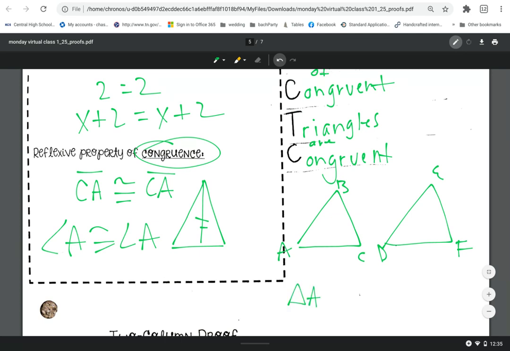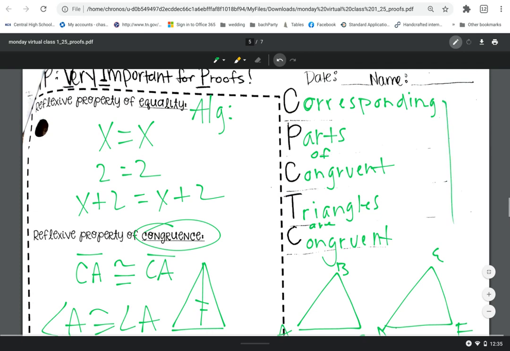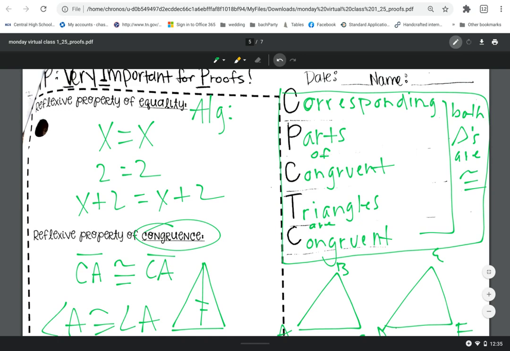So if I have triangle ABC is congruent to triangle DEF. Okay, we only know this when we already prove that the two triangles are congruent. We can't use this until we know that both triangles are congruent. Okay, so this is only used after we've found out that both triangles are congruent.